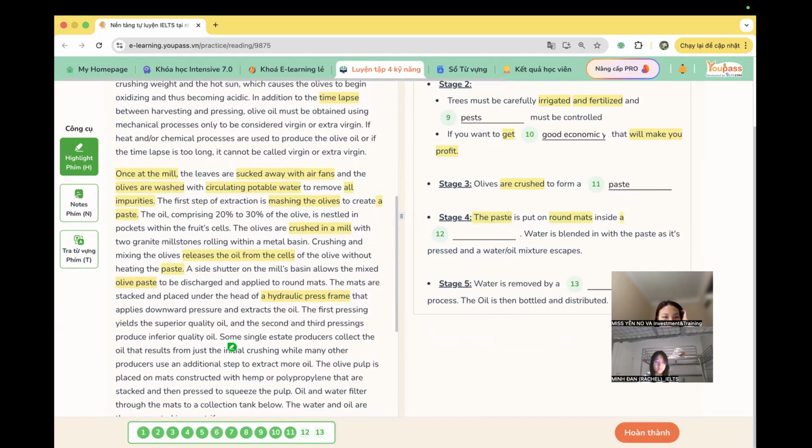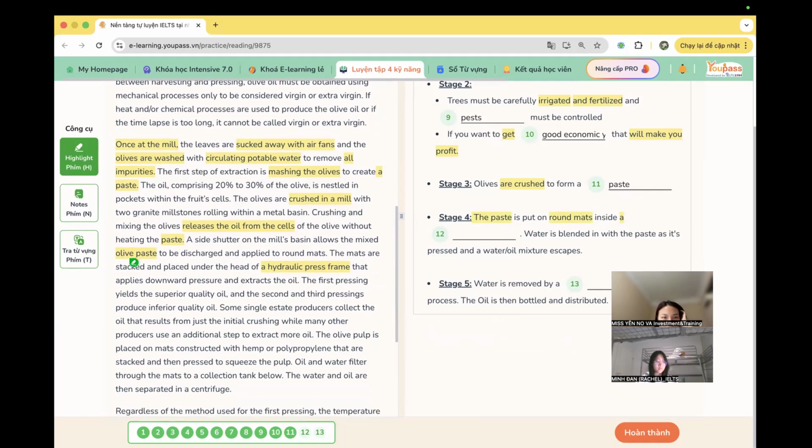So if you look further, you can see the round mats, something like here. The olive paste is discharged and applied to round mats. The mats are stacked and placed under the head of a hydraulic press frame that applies downward pressure and extracts the oil. So what is number 12?